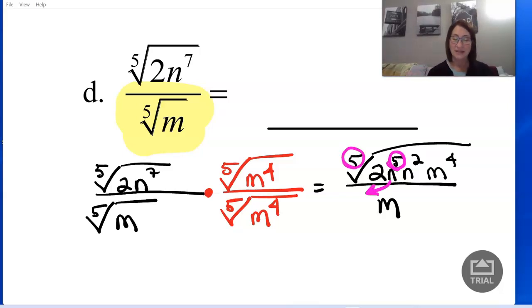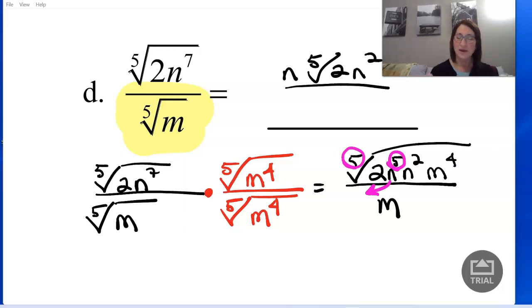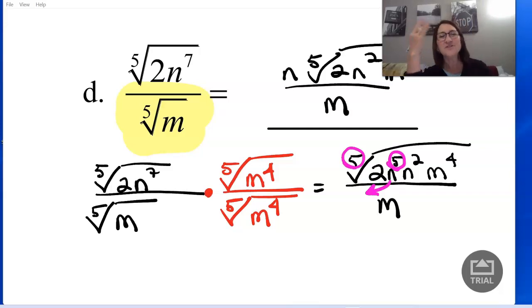So my final answer is going to be n times the fifth root of 2 n squared m to the fourth, all of that over m. That's my simplified radical.